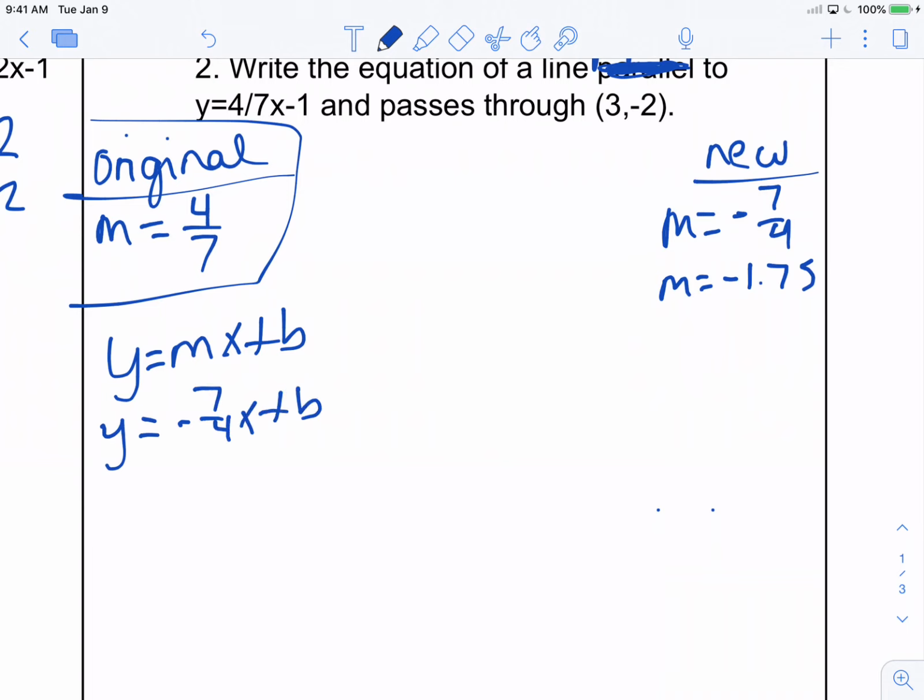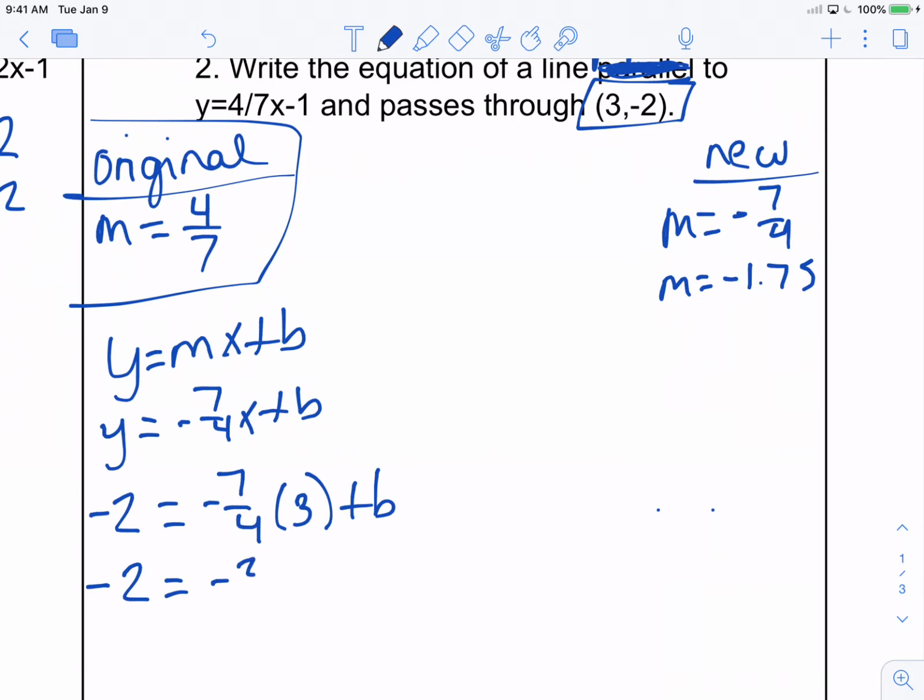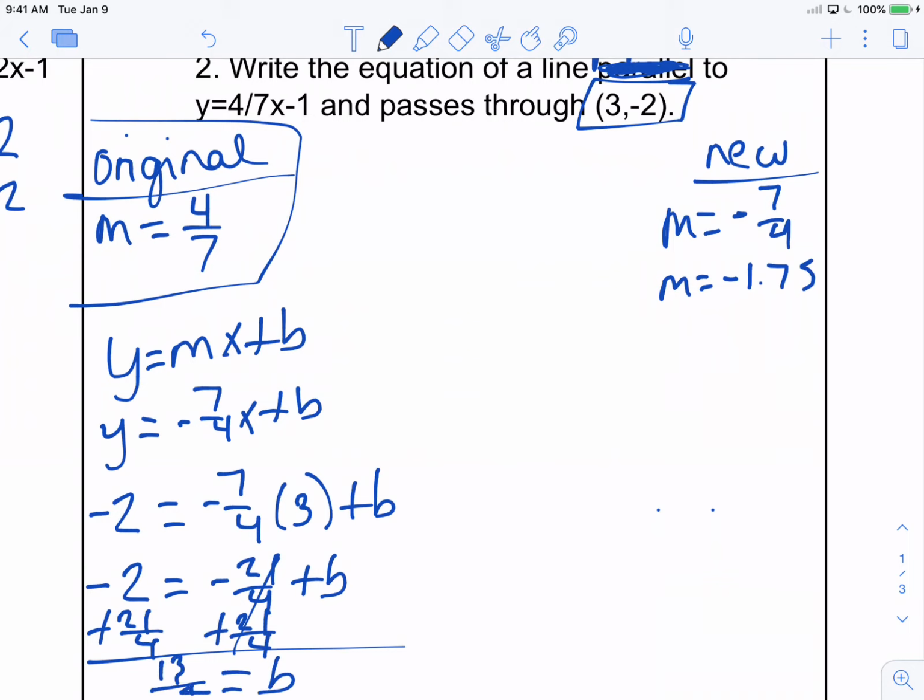I don't know my y-intercept, but like we did with the parallel line, I have a point that I can plug in to find it. So I want to plug in negative 2 for y and 3 for x to find b. That gives me negative 2 equals negative 21/4 plus b. If I add that, that gives me b as 13/4.